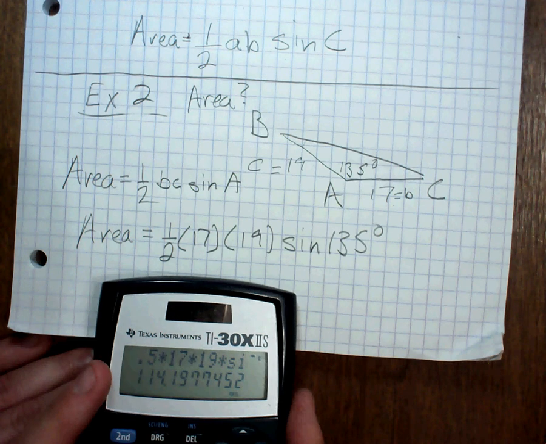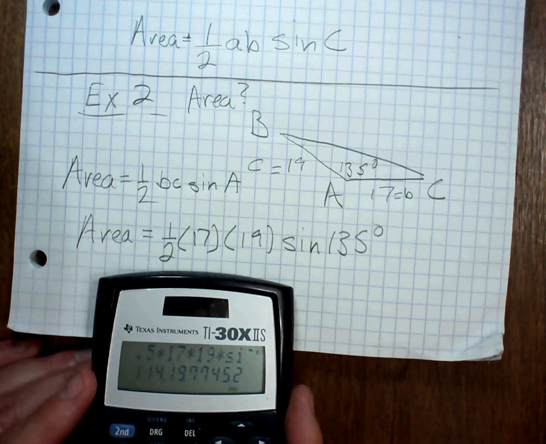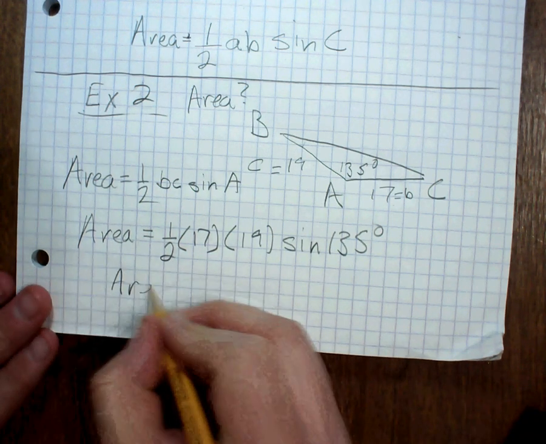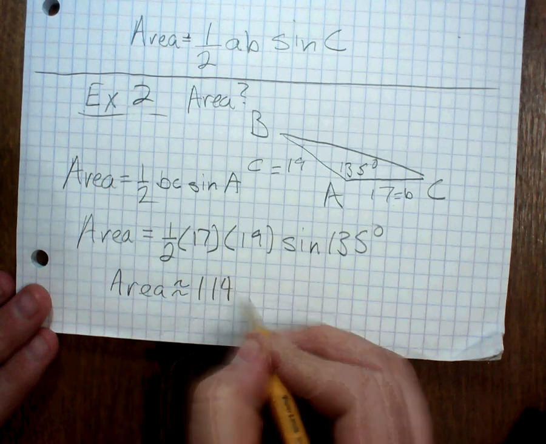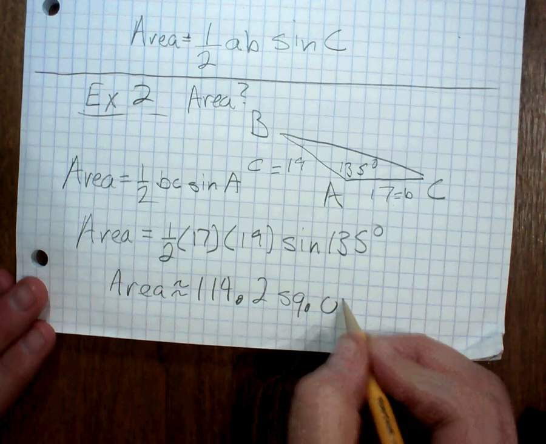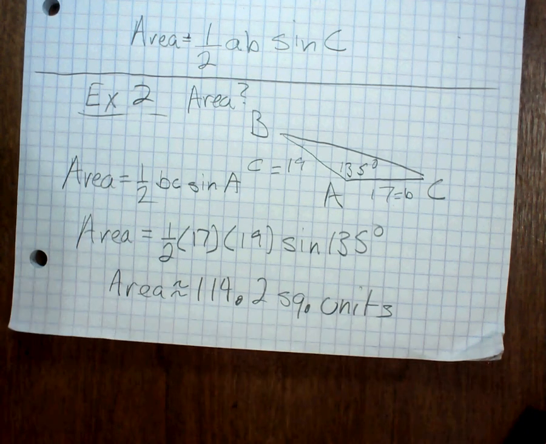And I get 114.2. So the area of this thing is approximately 114.2 square units, because it doesn't tell us if it's feet or inches or what it is. Okay?